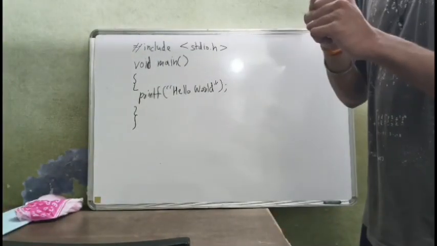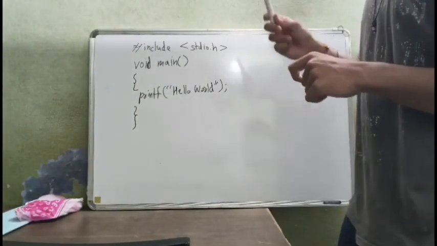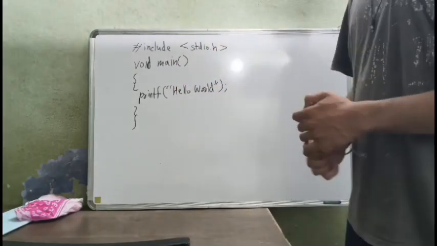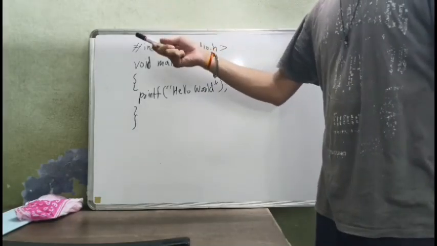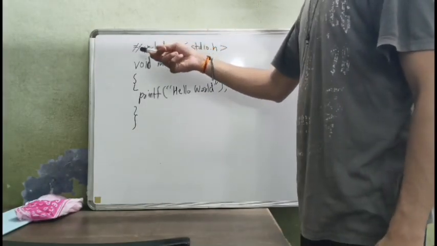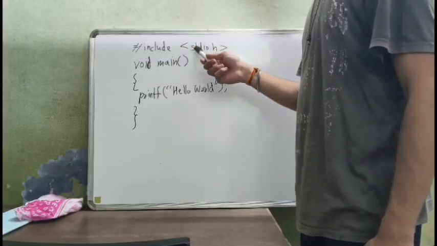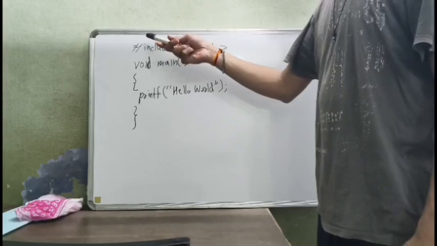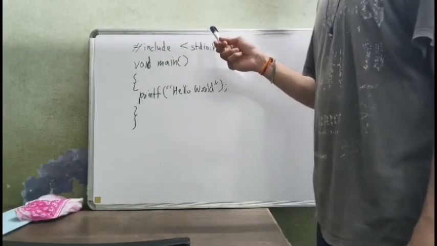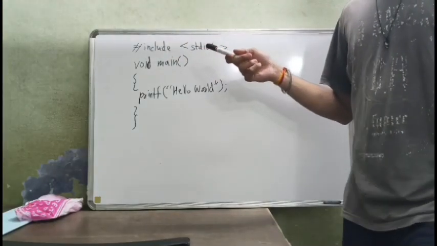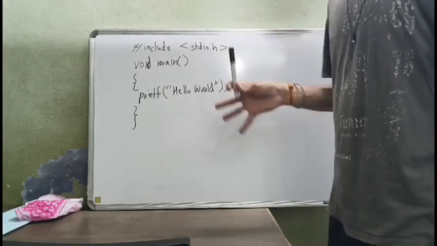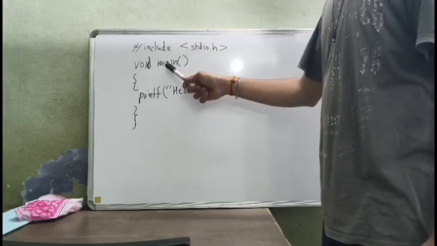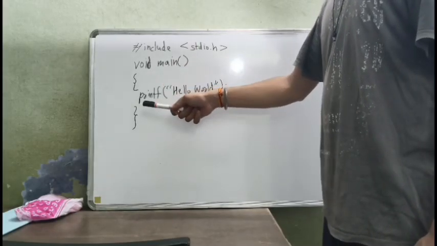So this is a basic program for printing hello world in C language. As you can see at the top, there is the include stdio.h header line, where stdio.h is the standard input and output library of the C language, from which we invoke the main function, the void parameter, and the printf.